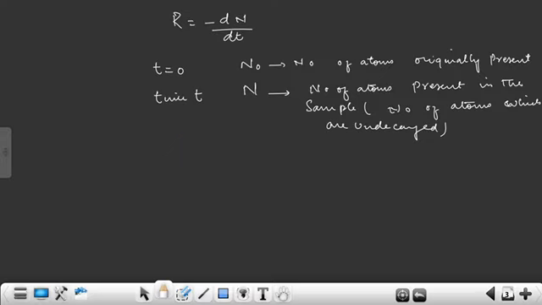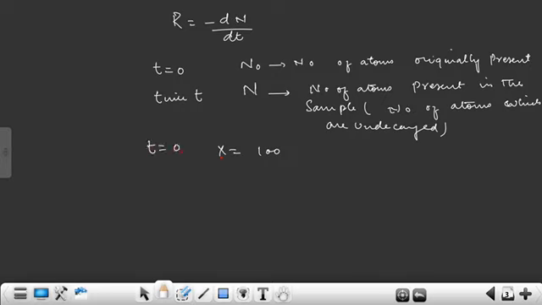Let me give an example, and with its help we will understand. Let's say I have a sample with 100 atoms present originally, when the radioactivity has not started. So this 100 is nothing but N naught.